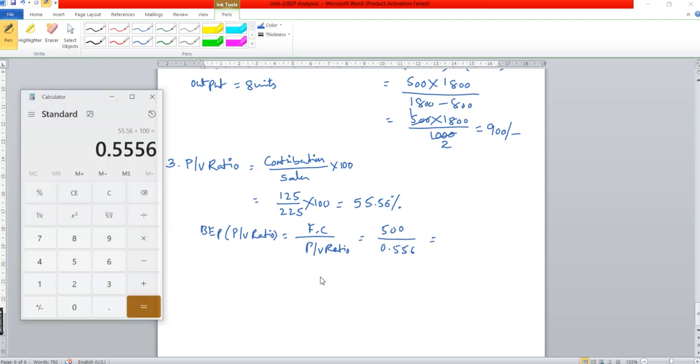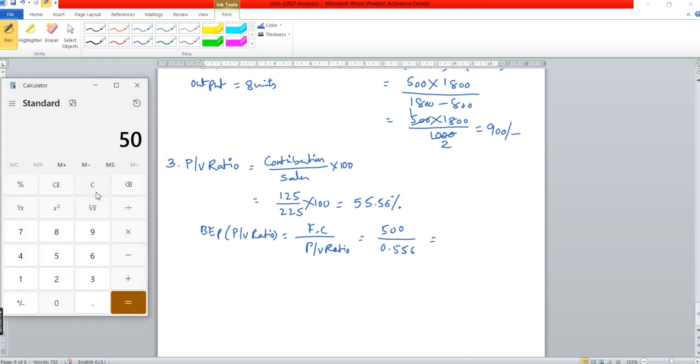So finally 500 divided by 0.556, and we are getting around 899.